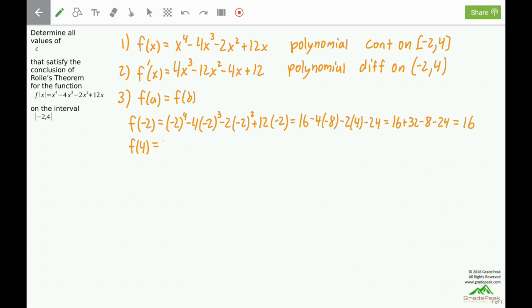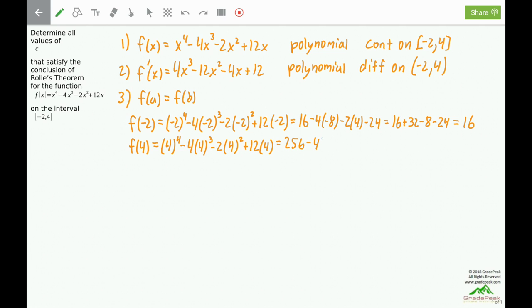F of 4 will be 4 to the fourth power minus 4 times 4 cubed minus 2 times 4 squared plus 12 times 4. 4 to the fourth power: 4 times 4 is 16, another 4 makes 64, and one more 4 makes 256.